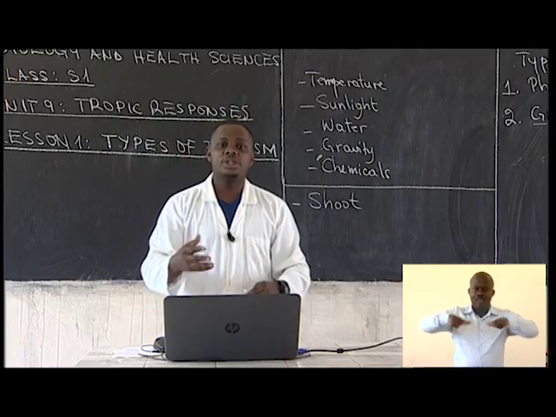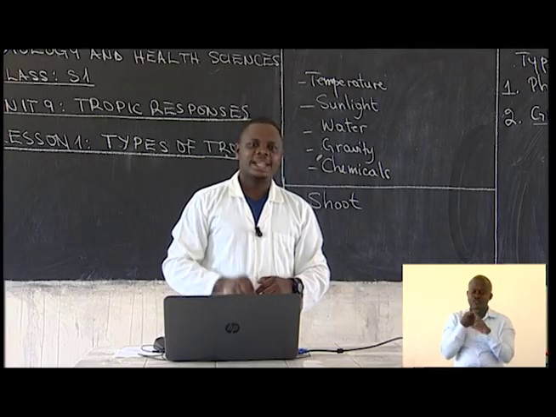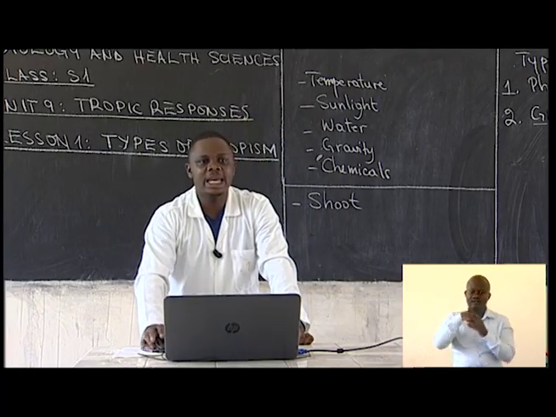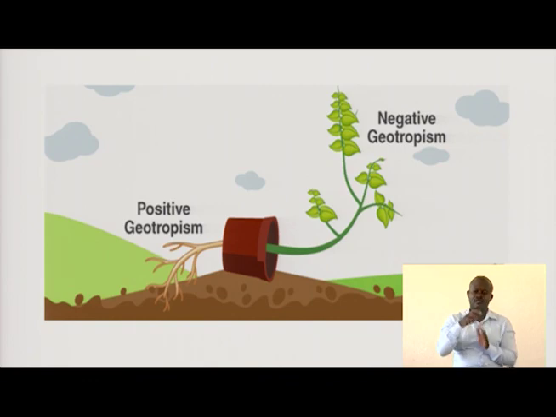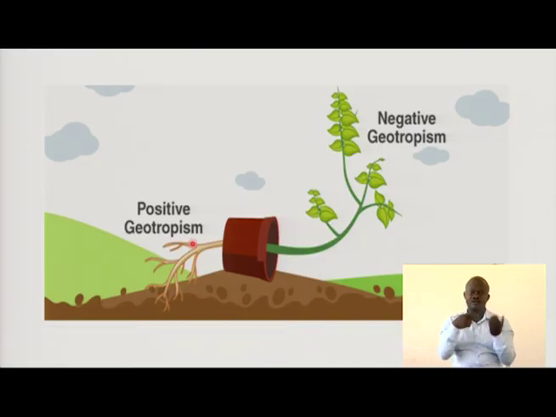So the shoot grows towards light and away from gravity. So in this case we say negative gravitropism or negative geotropism. Then we also have these roots growing towards gravity. That is what we call positive geotropism or positive gravitropism.